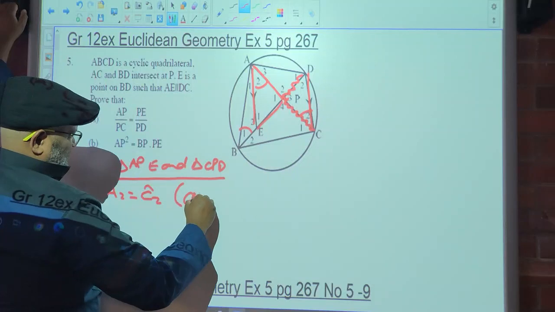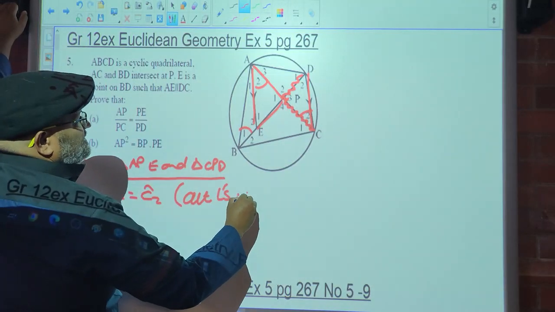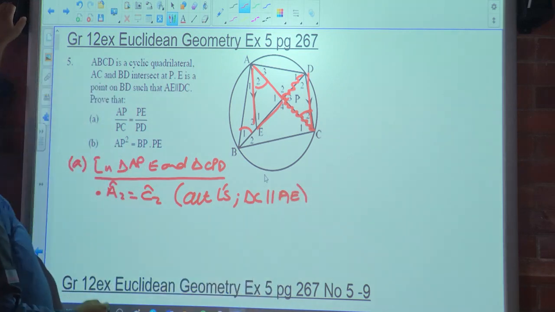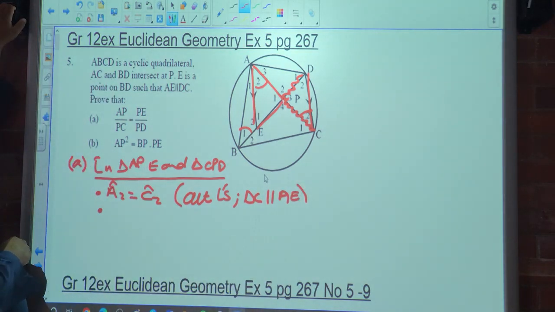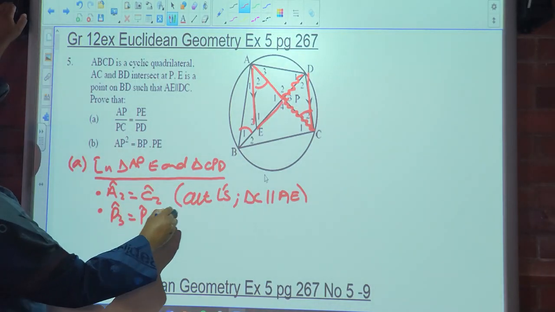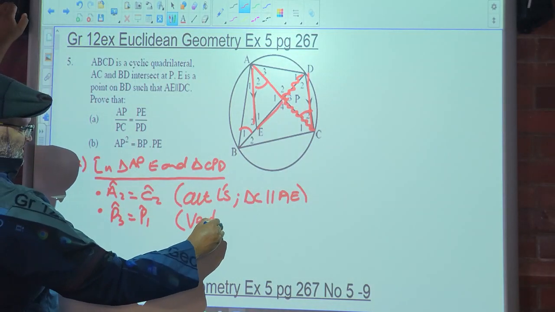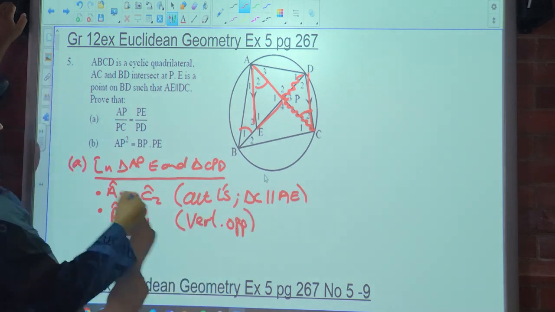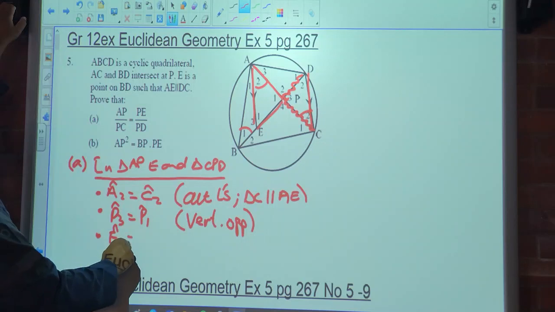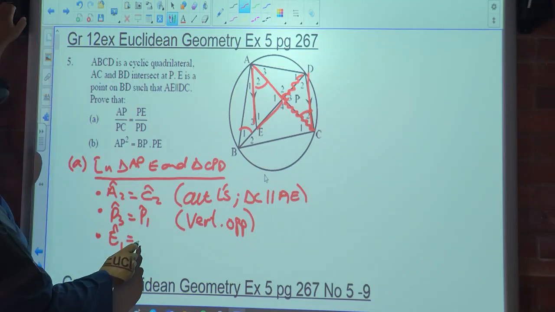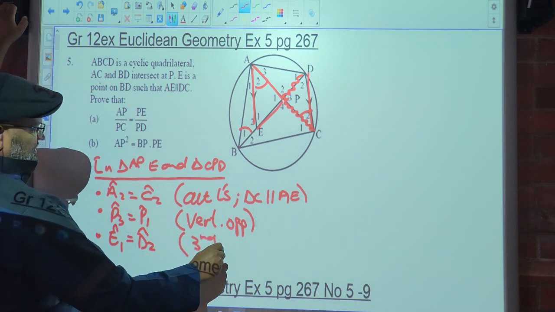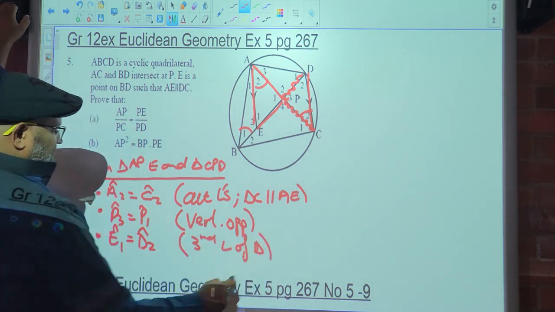Alternate angles are equal, with DC being parallel to AE. Then we know that P3 is equal to P1. Why? Vertically opposite. And then the third one is angle E1 is equal to angle D2. Why? Alternate or third angle of triangle.